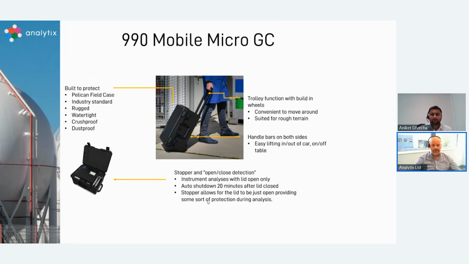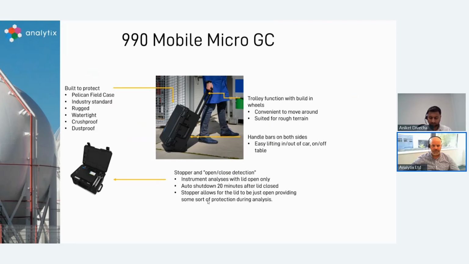They often have to be taken off of helicopters, which aren't always the most careful with these instruments. So they can withstand drop tests for going out to offshore platforms if needed. And the case has automatic open and close detection on there, so it will actually shut off if it needs to.